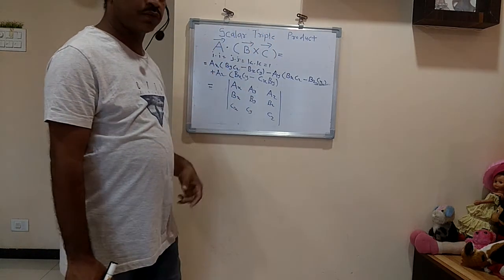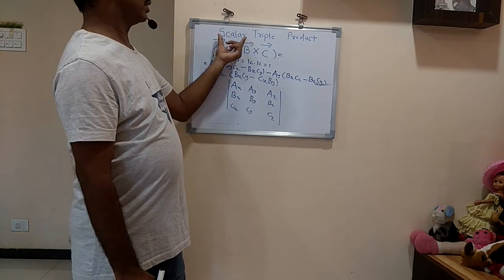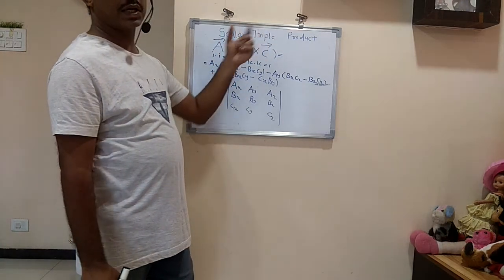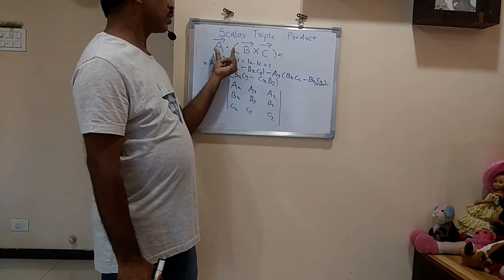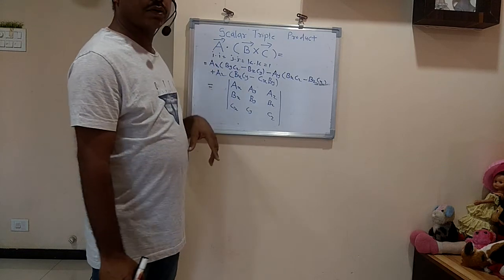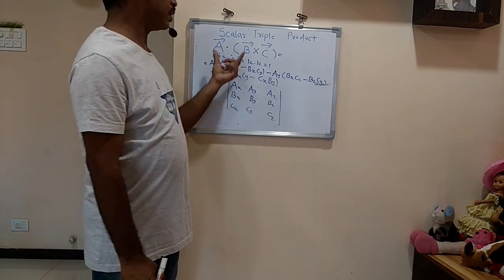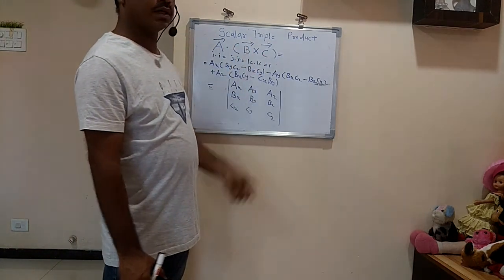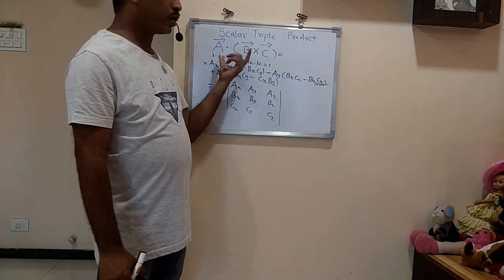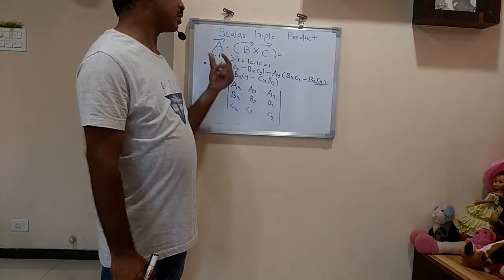Once again, let us take the definition of the scalar triple product. It is scalar because there is one dot product. It is triple because there are three different vectors and we take their product.